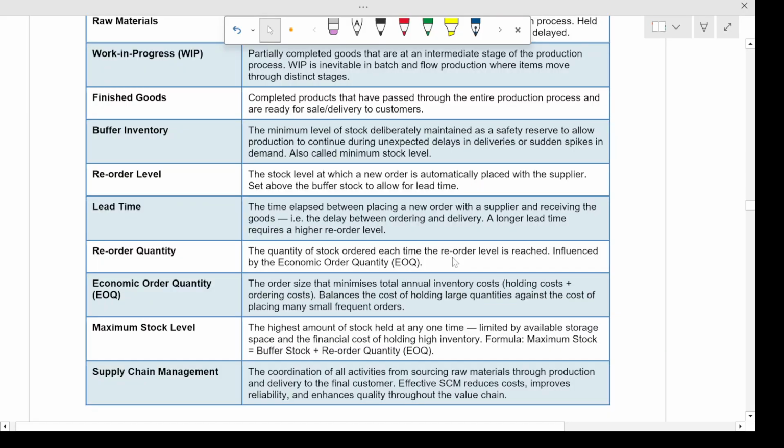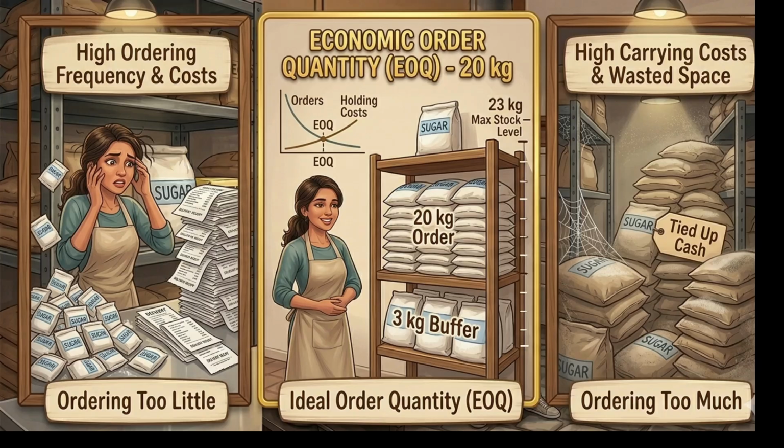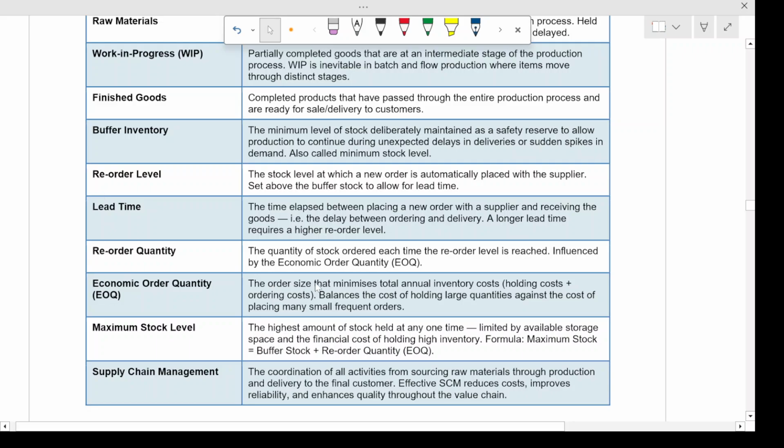All right. So this is the reorder quantity. Economic order quantity, this is the order size that minimizes total annual inventory costs, holding costs plus ordering costs, balancing the cost of holding large quantities against the cost of placing many small frequent orders, as we discussed here. This is the economic order quantity. I hope you understand this.